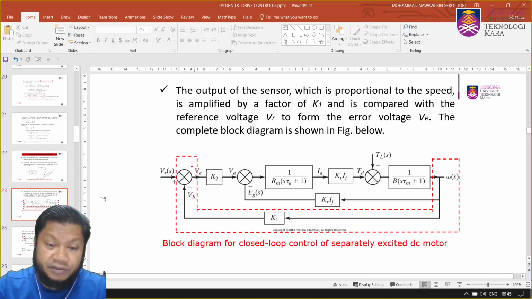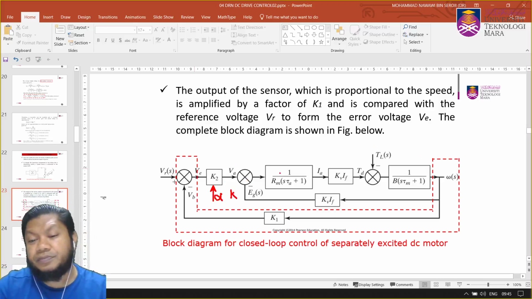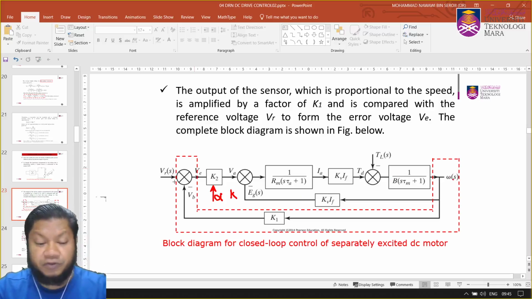It can be alpha, it can be duty ratio, right? And therefore we change the motor, and then we can change the speed of the motor here.